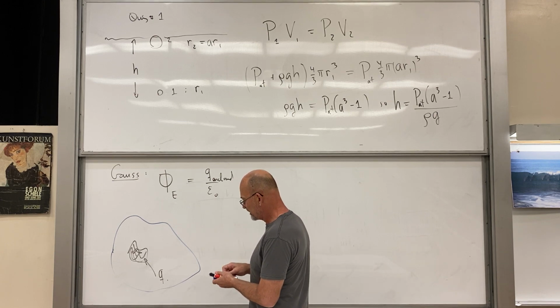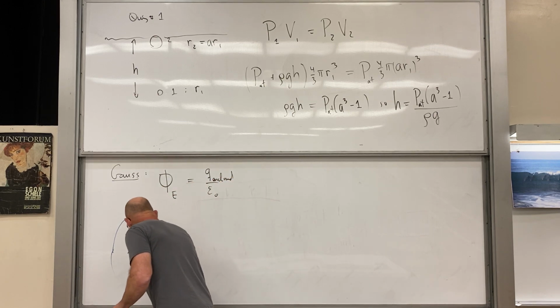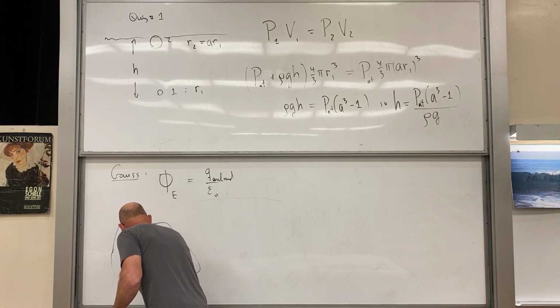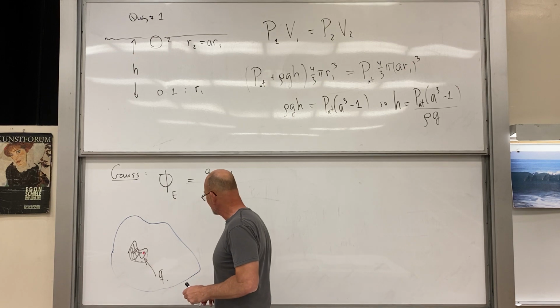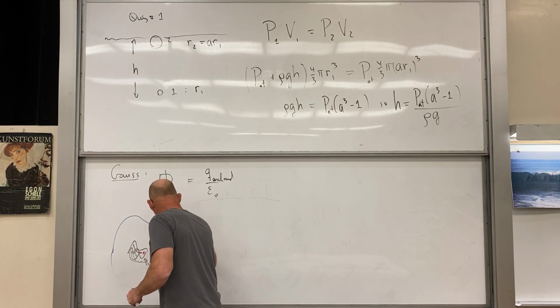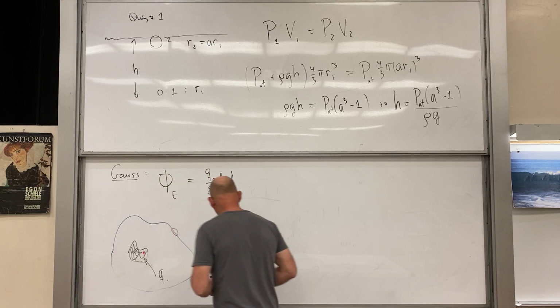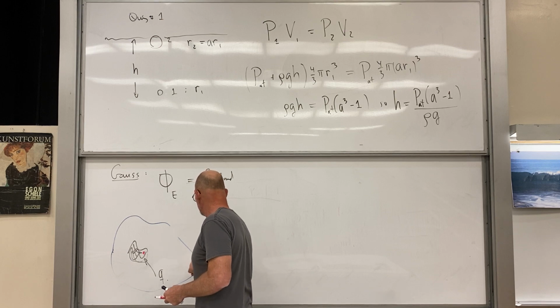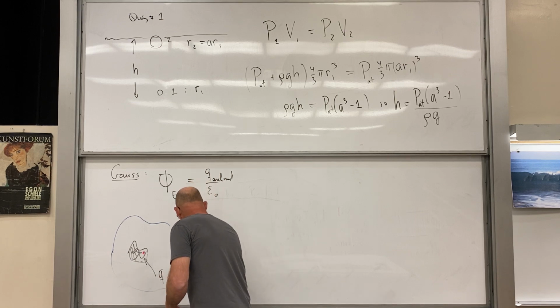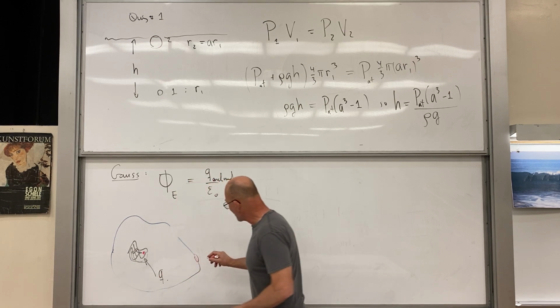I can make good on when I had said I'd give a little explanation of this. So imagine you just had a little bit of charge right there. It'd be better to talk about the area right down here.